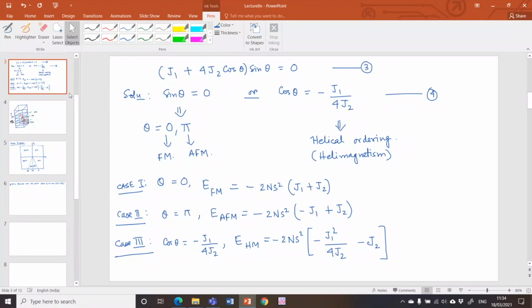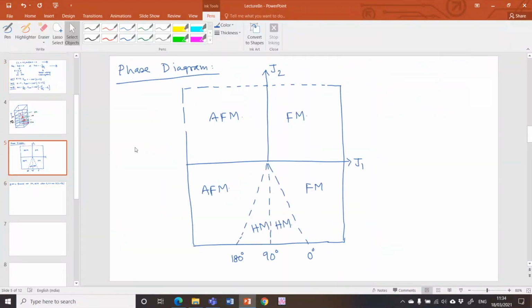Yes, so for that, what you have to see is that you have to find out different conditions. So you first solve this problem, then I think a lot of things will be clear. Let's say in the first quadrant you have J1 and J2 both positive, right? In the second quadrant you have J1 negative, J2 positive, right?